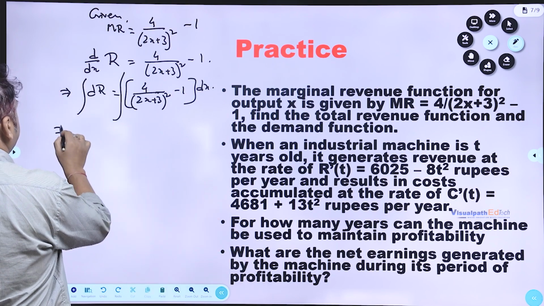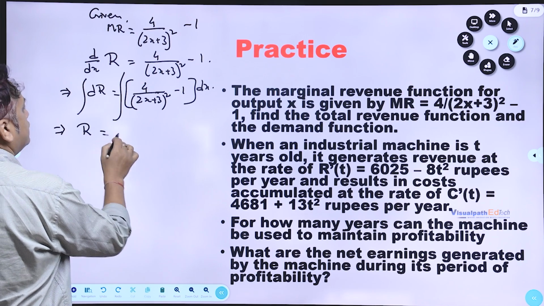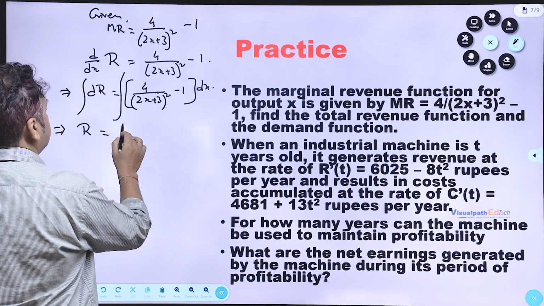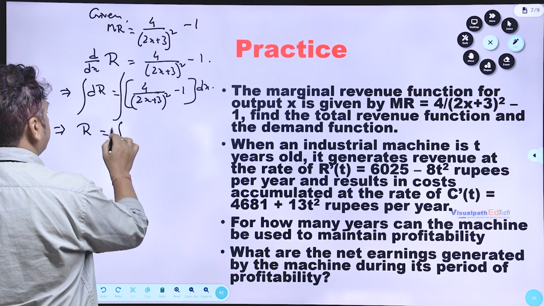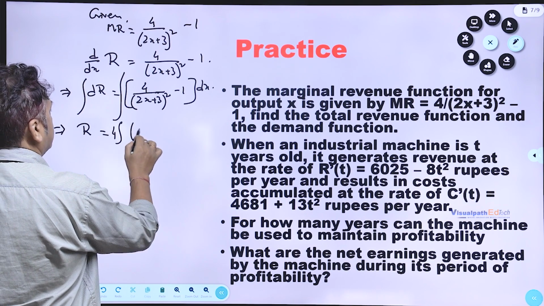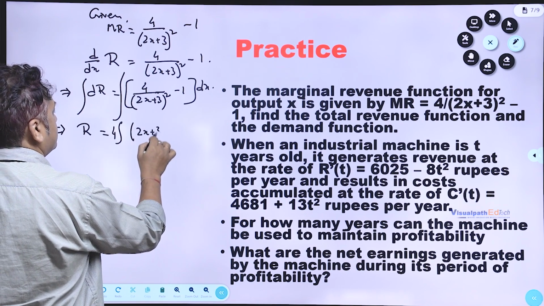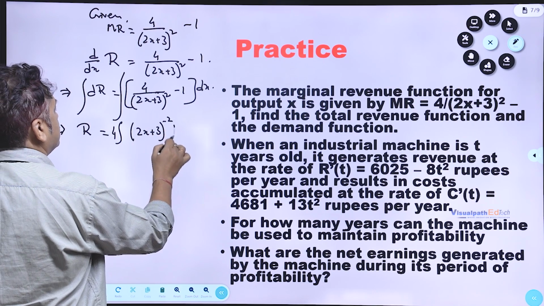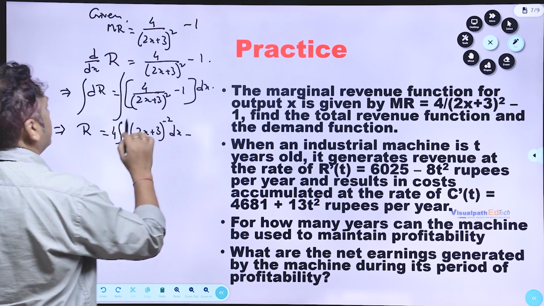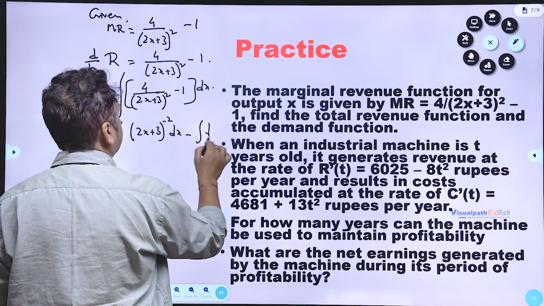So integration of dR will give you R, and then the integration of 4 will be outside. We'll get (2x plus 3) whole thing to the power minus 2 dx, and minus integration of dx.